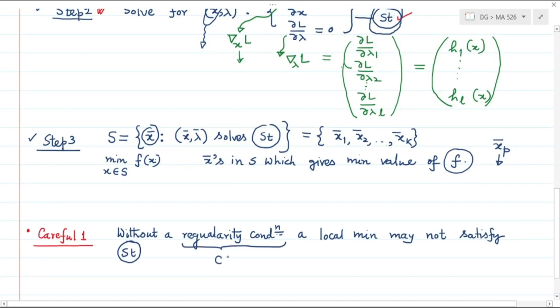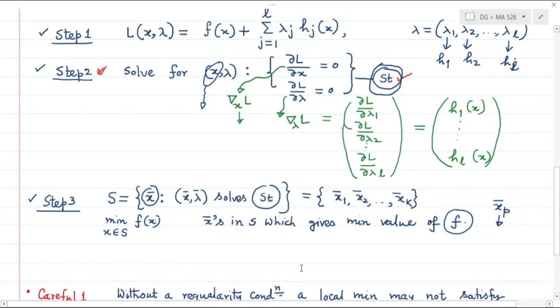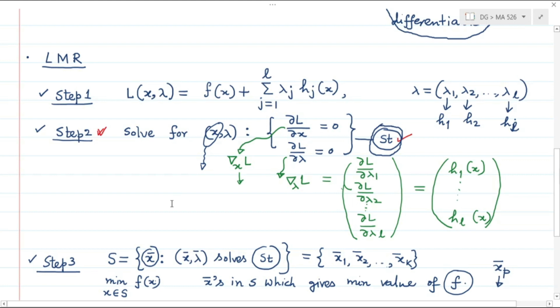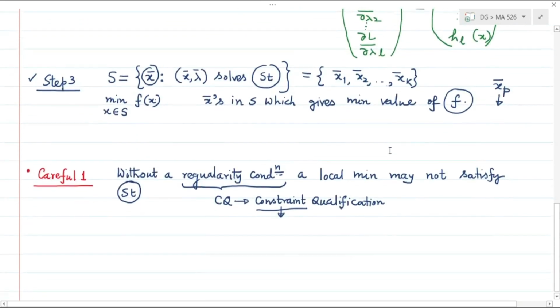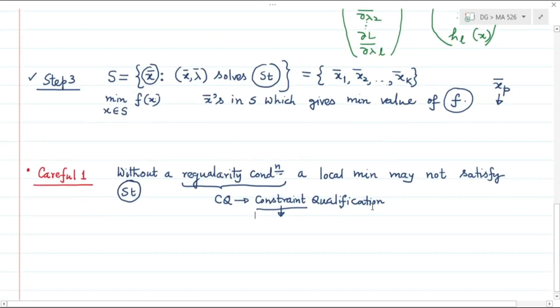By constraint qualification, I do not mean the constraint of the objective function. By this terminology constraint we mean the condition which is stopping us from declaring that a local minimum is a solution for the stationarity system, and that's why it is named constraint qualification.